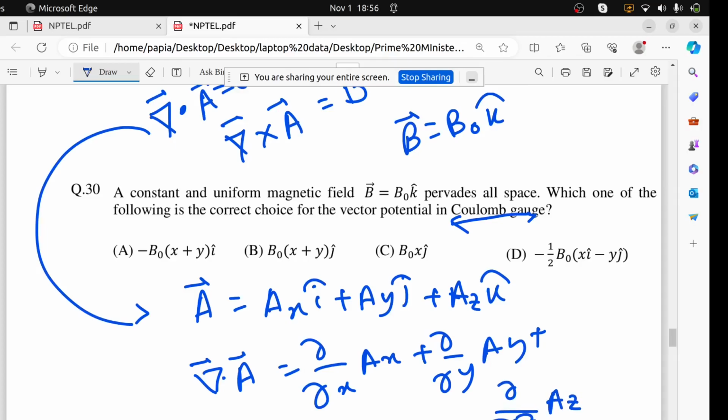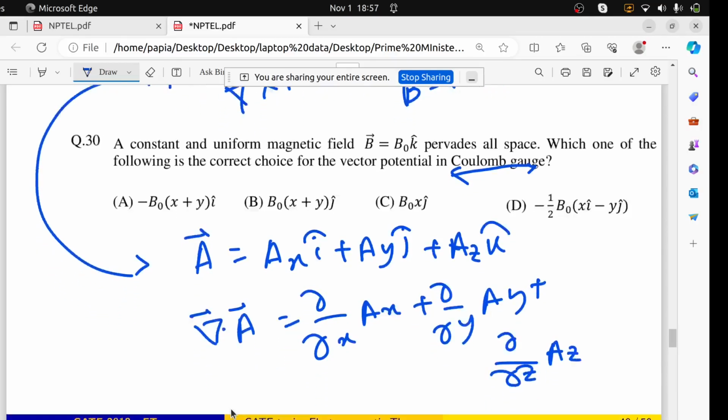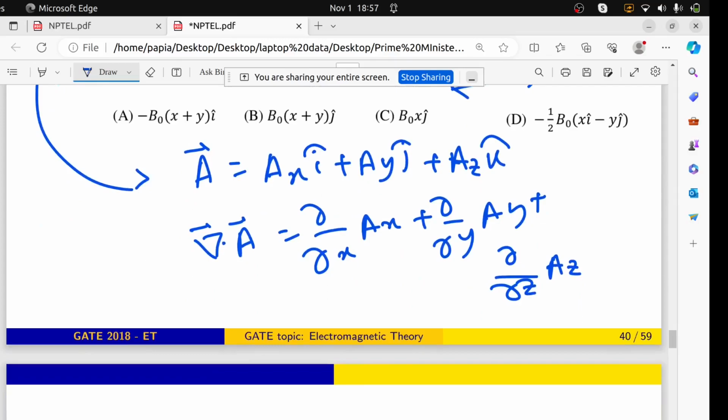There will be no I cap, j cap, k cap because it is a scalar. Now divergence of A is this, and we are going to check which one of these four is giving 0, because in the Coulomb gauge condition divergence of A should be 0.